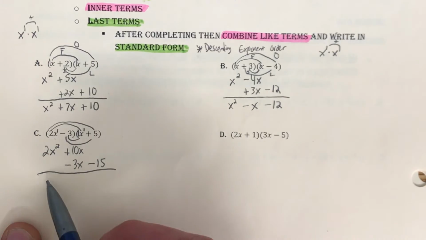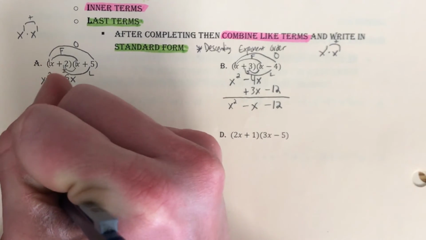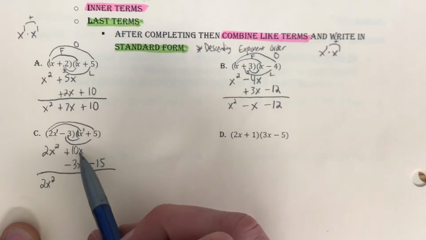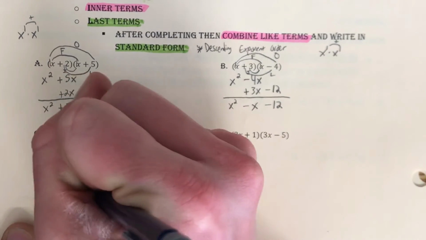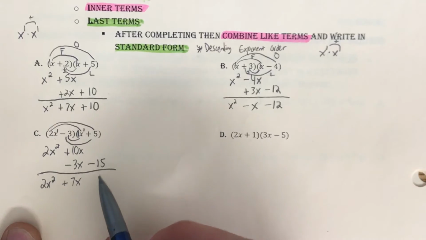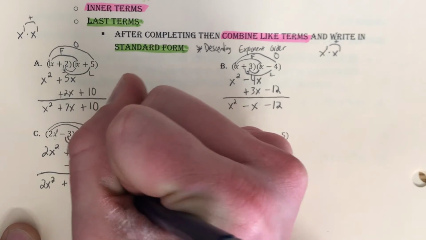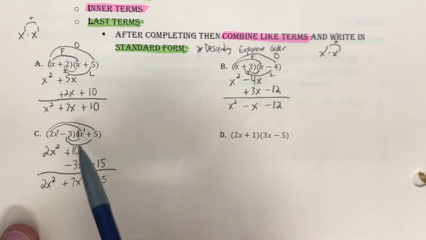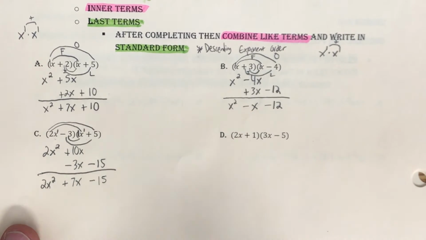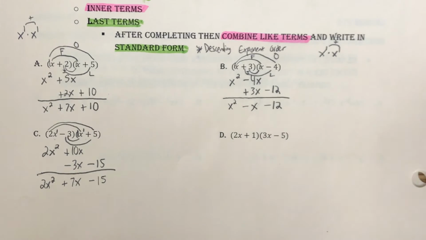So 2x squared, nothing to combine it with, so bring it down. Positive 10x and negative 3x makes positive 7x. And negative 15, nothing to combine that with, so bring that down as well. Again, because these were both in standard form, this should be in standard form, which it is, also known as descending exponent order, so that is our final answer.